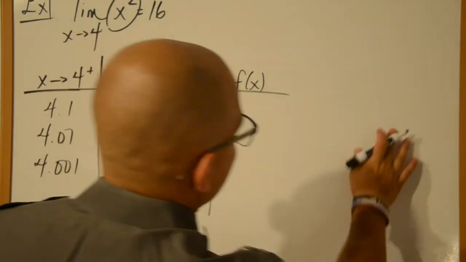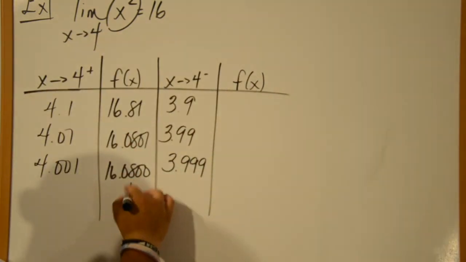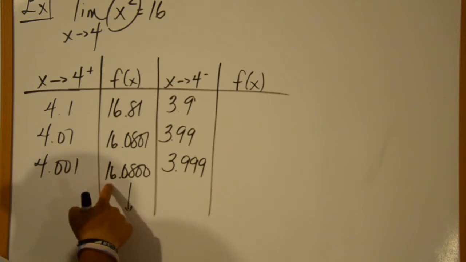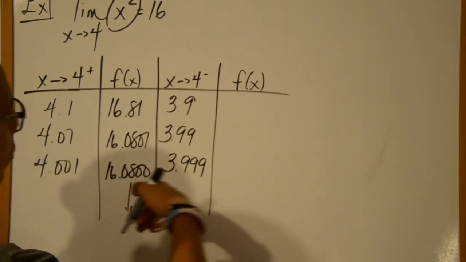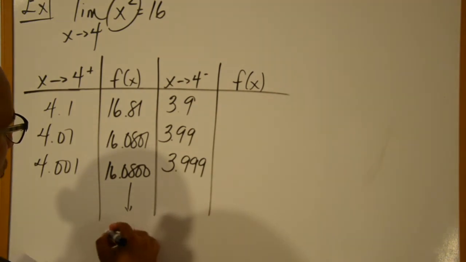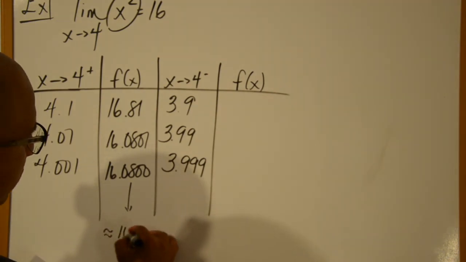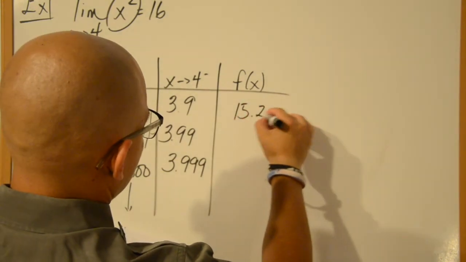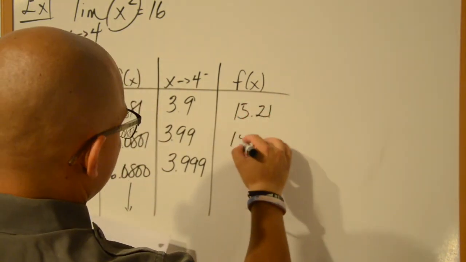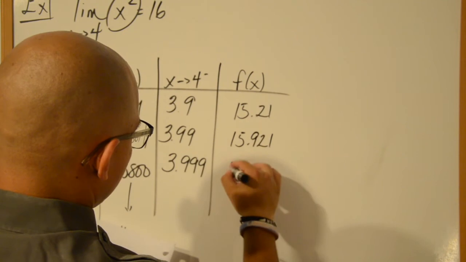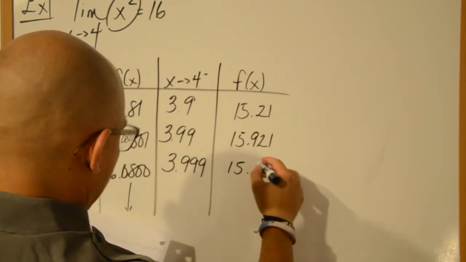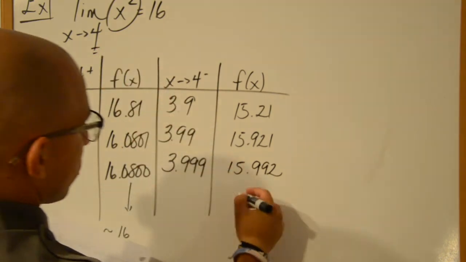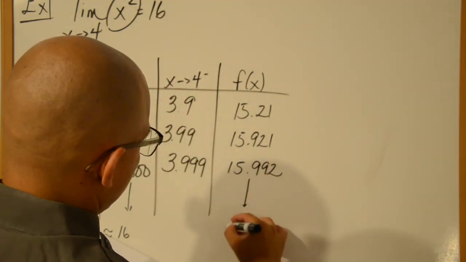But if you're not, I'll draw a picture in a second. We can see here that if I took 4.001, this would become 16.008, whatever the case may be. So we can assume that this is trending towards 16, and quite similarly on the opposite side of 4, the behavior holds true.